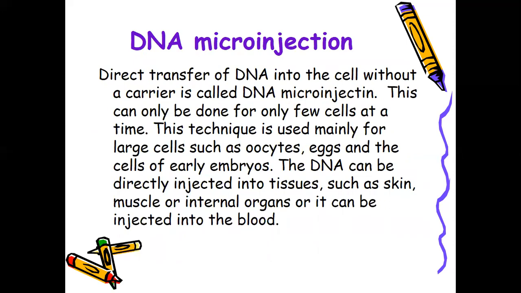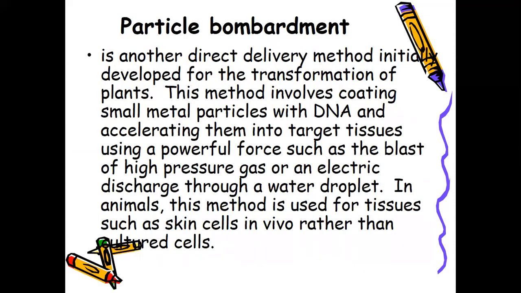Microinjection method: direct transfer of DNA into the cell without a carrier is called the DNA microinjection method. This can be done for only a few cells at a time, as we already discussed. Particle bombardment is another direct method of transferring genetic material.